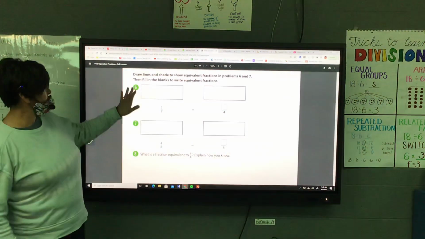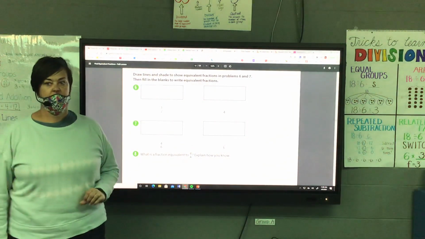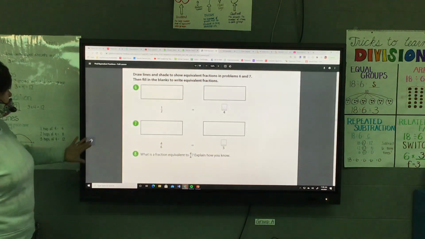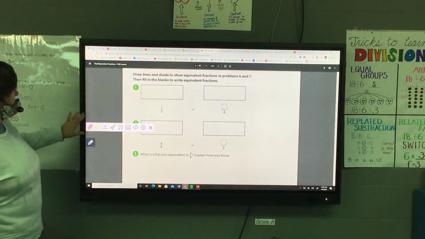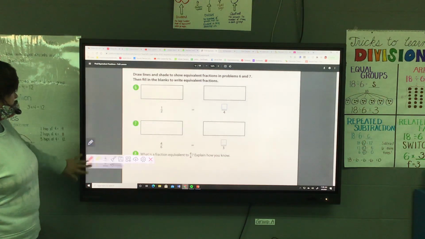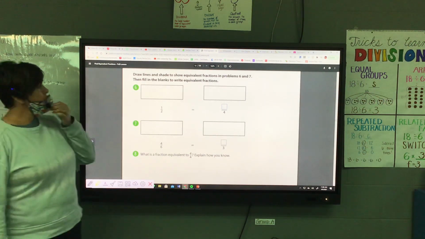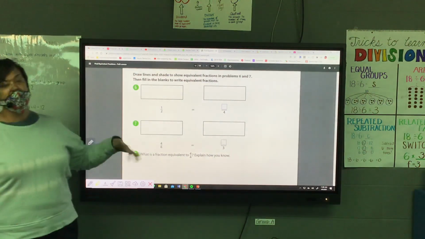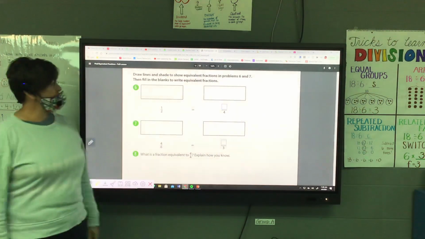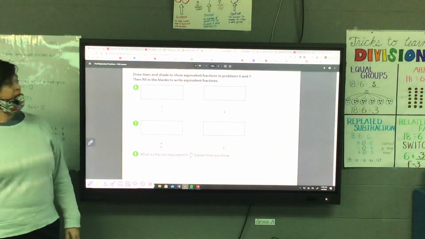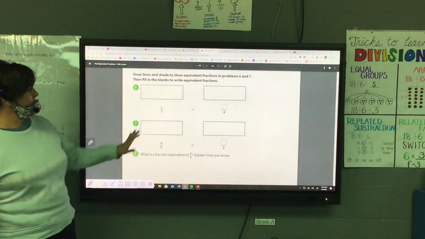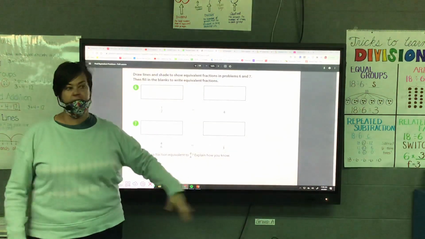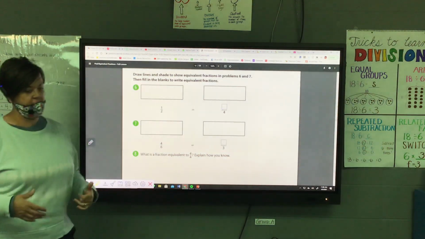Is everybody ready for 6? All right. On 6 and 7, it says, draw lines and shade to show equivalent fractions in problems 6 and 7. Then we're going to fill in the blanks to write those equivalent fractions.